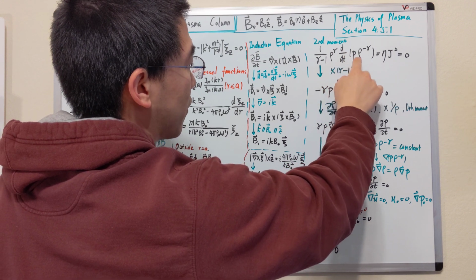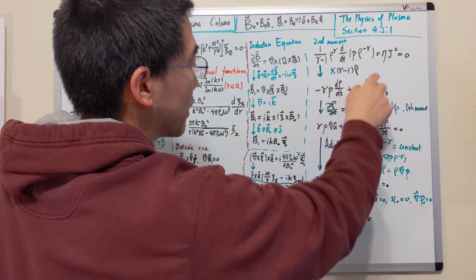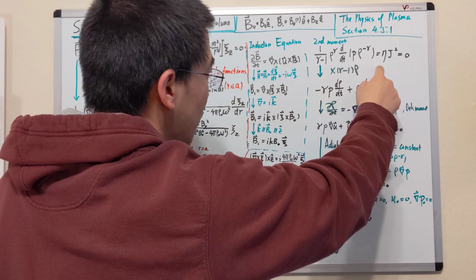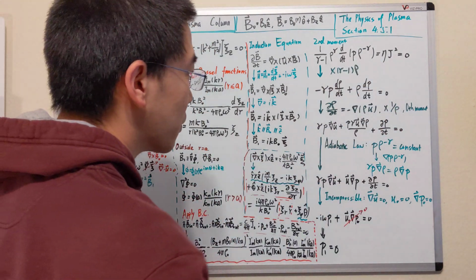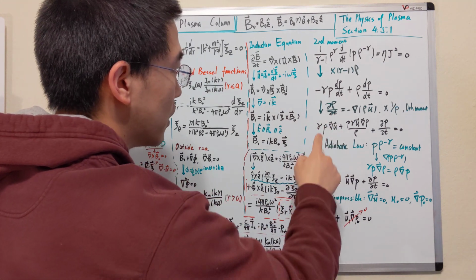Basically, f and the derivative of that and derivative of that. We have those two components, and we're dealing with ideal MHD, so eta is zero. So we have this.